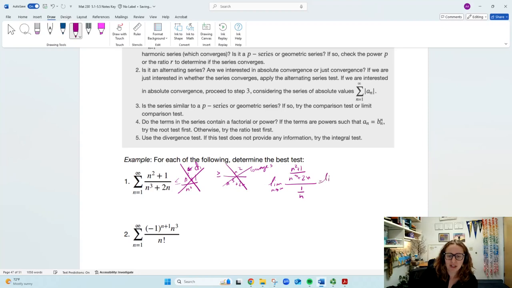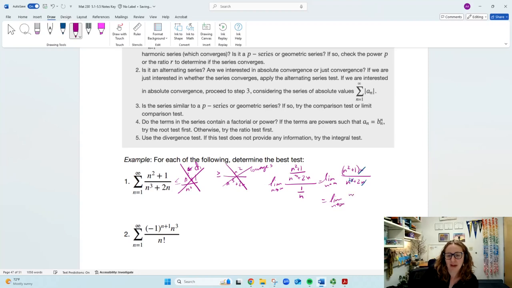I need to take my limit as n approaches infinity. If I simplify this out and multiply by 1 over n, I will end up getting n squared plus 1 times n over n to the third power plus 2n. You can see that there are 2 n's in my denominator here, so I can cancel that n out with an n in both of those terms below.